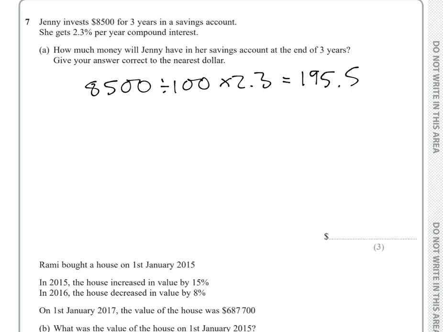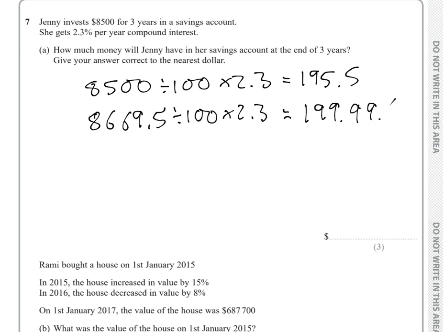So you've got after 1 year 8695.5, and then we're going to divide that by 100 times it by 2.3. Is 199.9965.